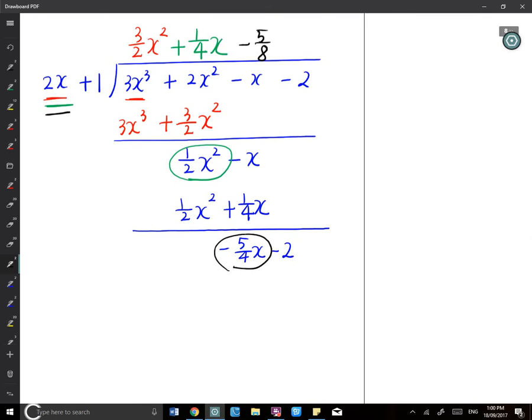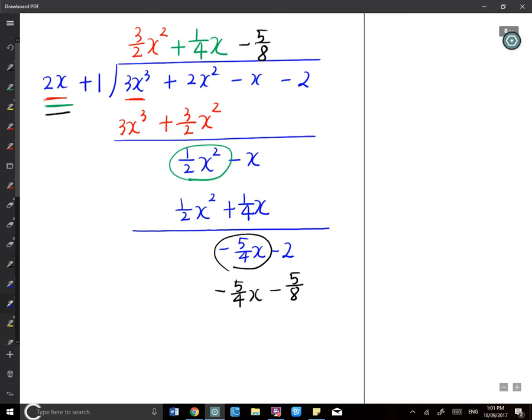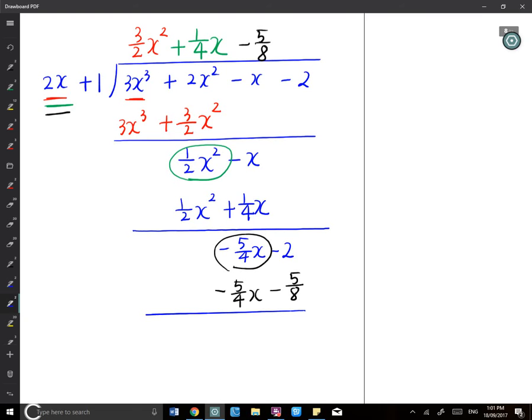And I will multiply, which is minus 5/4 x minus 5/8. What's the difference here?